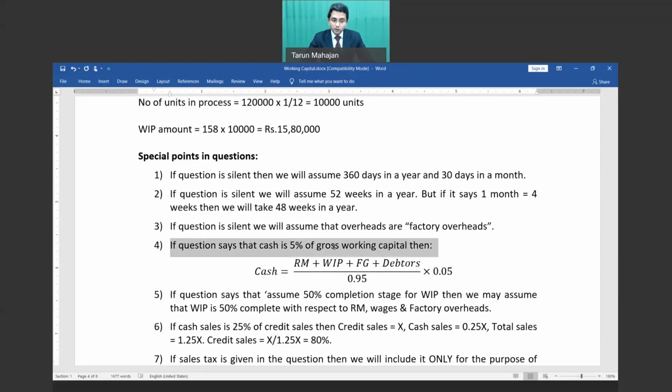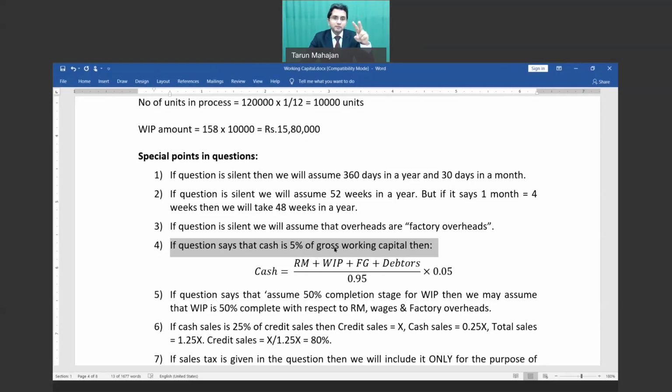Now, one interesting point. Suppose there are only 5 items in a question: raw material, WIP, finished goods, debtors, and cash, full stop. And they want you to calculate the total of current assets, that is gross working capital.